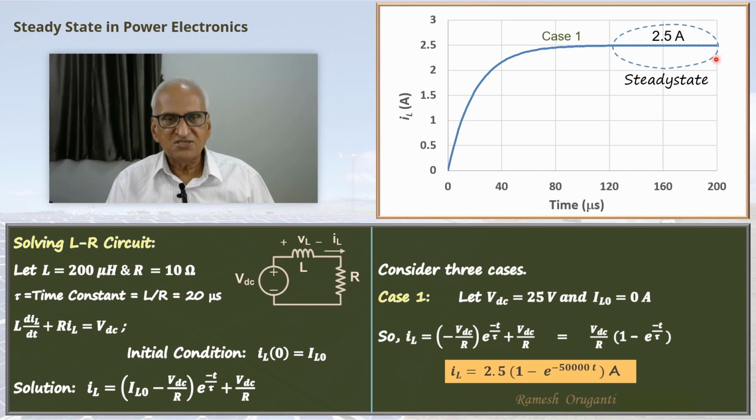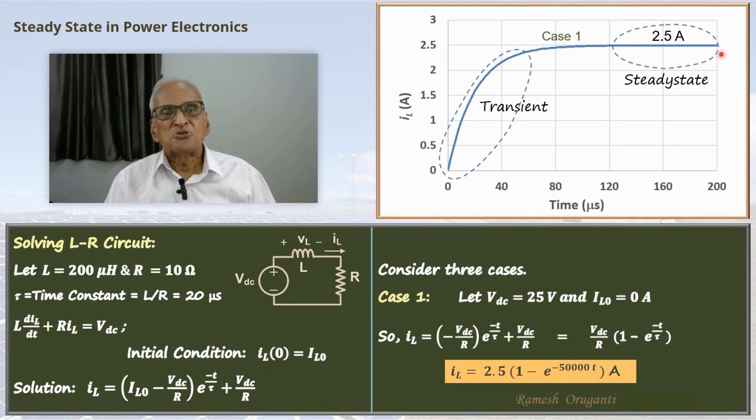The initial part where it is reaching towards 2.5 amperes is your transient. So in a DC circuit case, it's fairly straightforward. You have a transient part and then you have the steady state part.